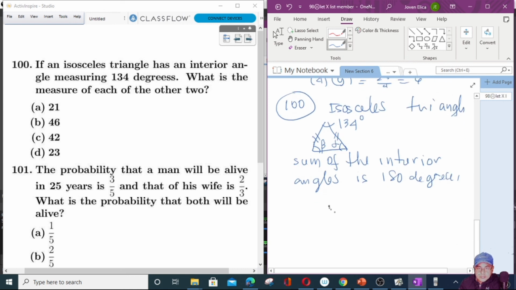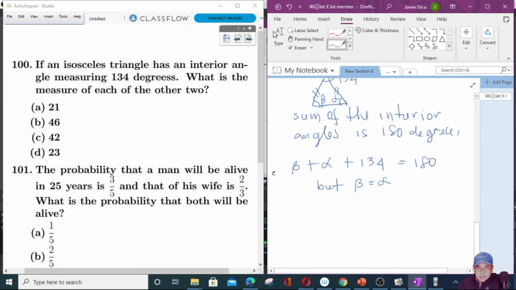So therefore, beta plus alpha plus 134, which is the given angle, is equal to 180, because in any triangle the sum of the interior angles is 180 degrees. But angle beta and angle alpha are equal because this is an isosceles triangle.